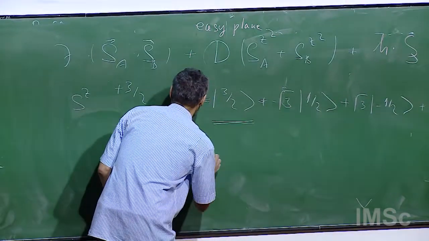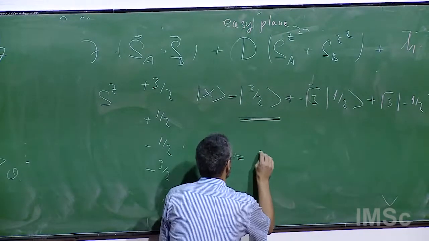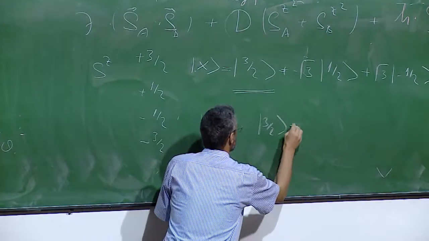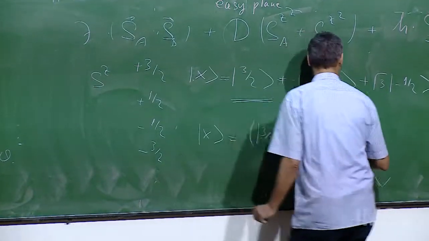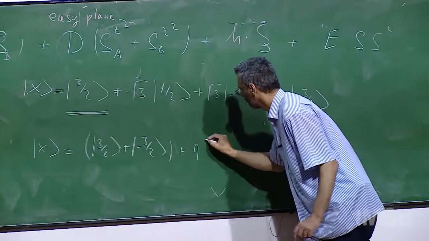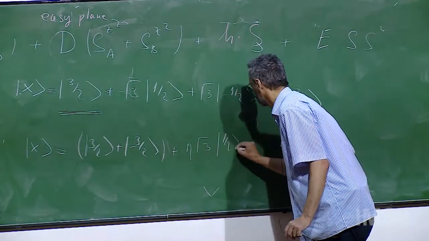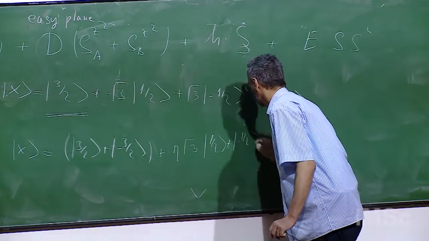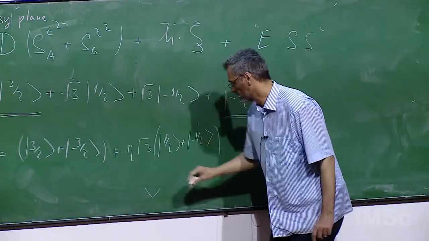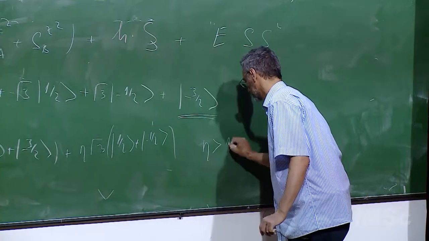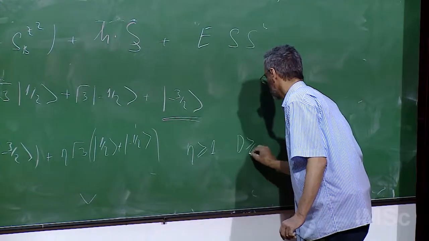So the wave function that we will end up with will look like the following. There will be the 3/2, plus minus 3/2, plus eta times square root of 3 times the 1/2, plus minus 1/2 component. And this eta will be a finite number larger or equal to 1, if D is larger or equal to 0.